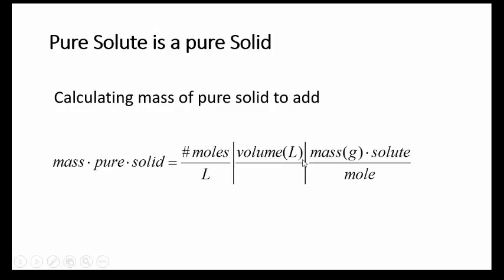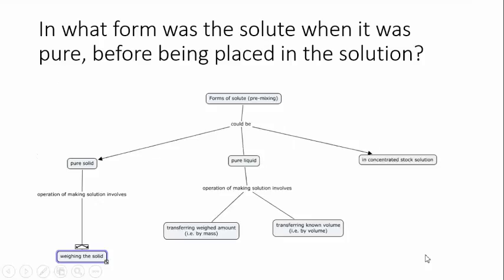Those two factors multiplied together give you the number of moles of the solute contained in that volume of the solution. And then to convert that number of moles into its mass, we would multiply by the molecular weight of the solute.